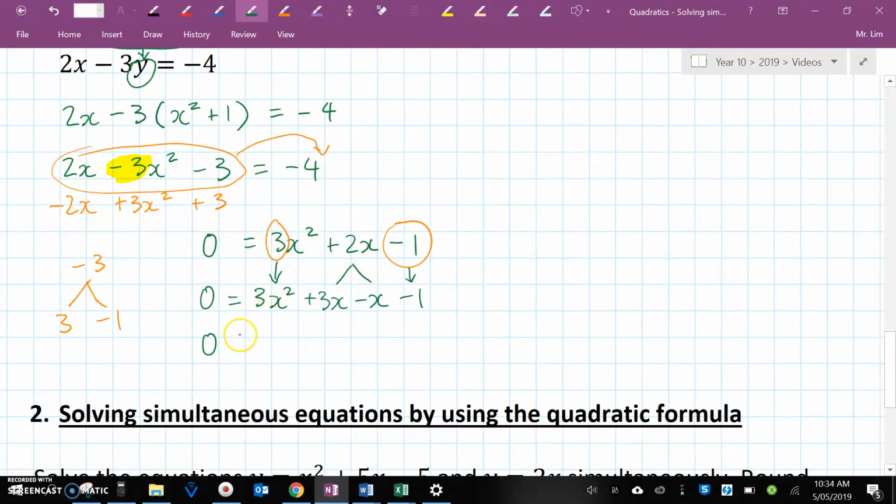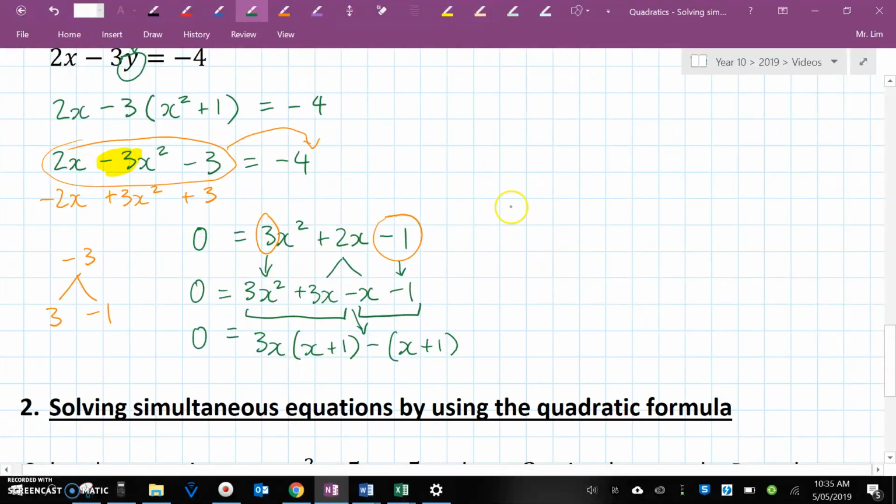Group in pairs. 3x bracket x plus 1. Put down a minus sign, x plus 1. It's positive because negative times positive will give you a negative answer. We're going to take out a common factor.